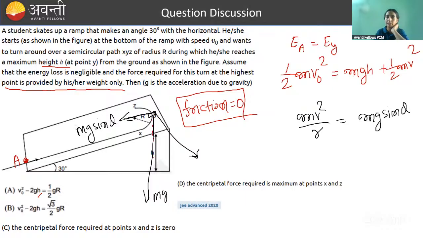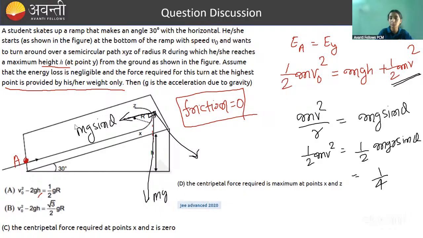So from here we can clearly see mv square is mgr sin theta, and half mv square will be equal to half mgr sin theta. Now you simply put the value. Half mv square, in place of it what will you write? Half mgr sin theta. Sin theta is how much? Theta is 30 degree. So sin 30 is 1 by 4. Sorry, 1 by 2. So this will become 1 by 4 mgr.